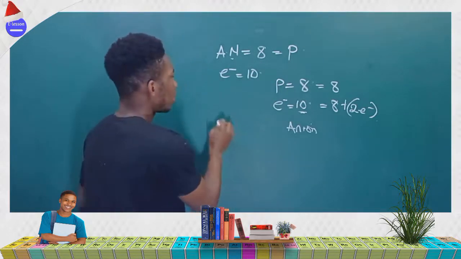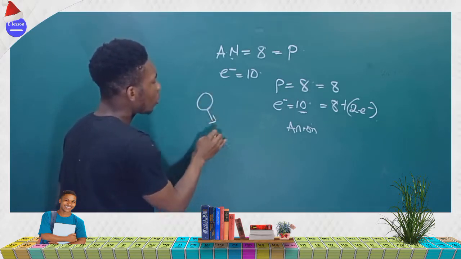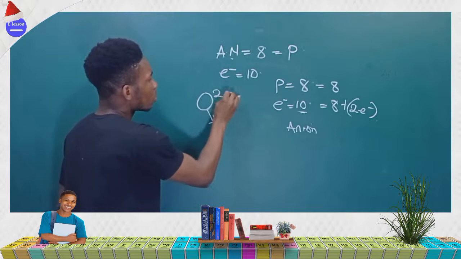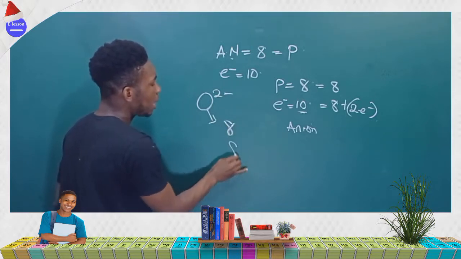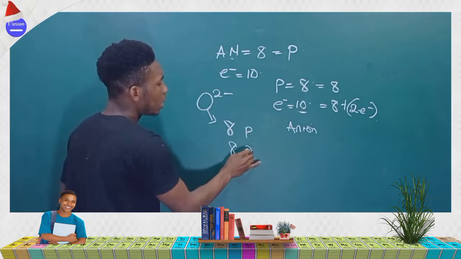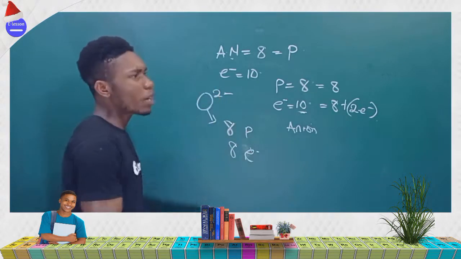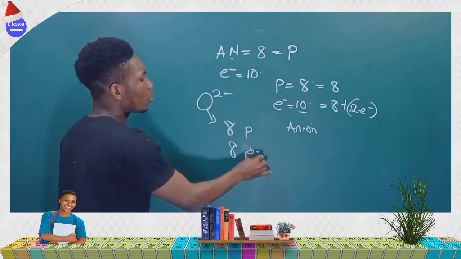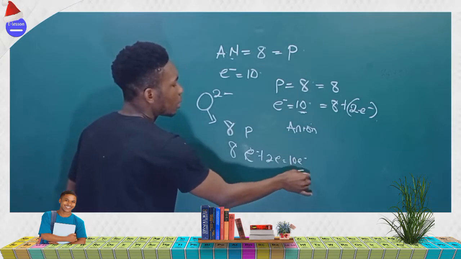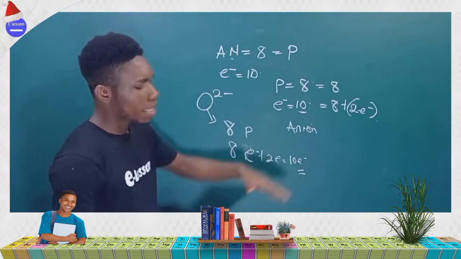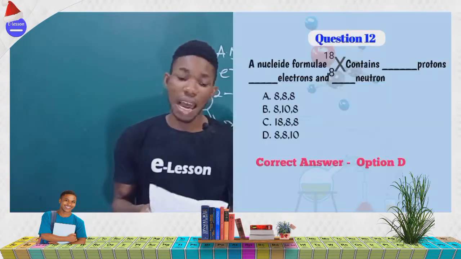For instance, let's look at oxygen 2 minus. Oxygen has atomic number 8, that is 8 protons and 8 electrons. But because of these 2 additional electrons, to calculate the total number of electrons you add 2 to it, and this gives us 10 electrons. So the correct answer is an anion.